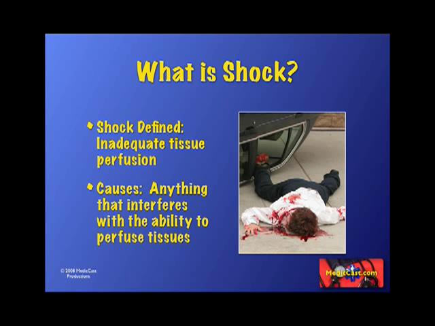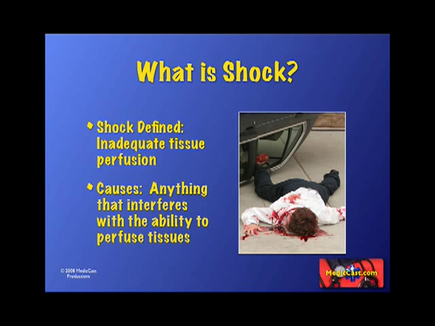Different tissues have different rates of cellular death involving inadequate tissue perfusion. The brain, the kidneys, and the heart are three that really need rapid intervention to maintain perfusion when it is interrupted. Anything that causes an interruption in this tissue perfusion and interferes with the ability of the body to maintain homeostasis and perfuse these tissues is something that's going to cause shock.